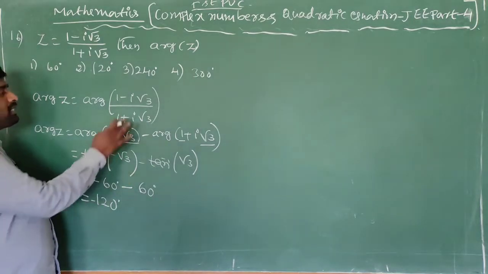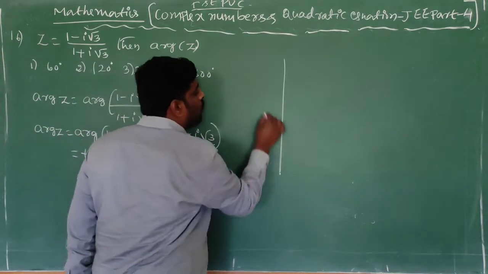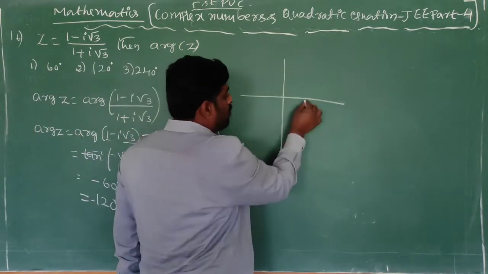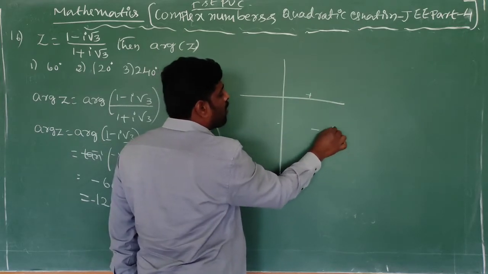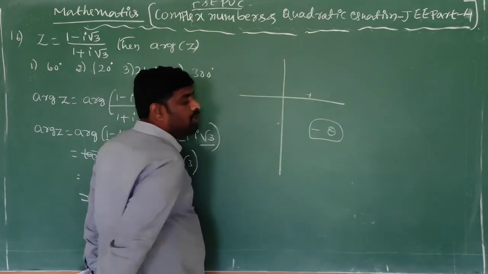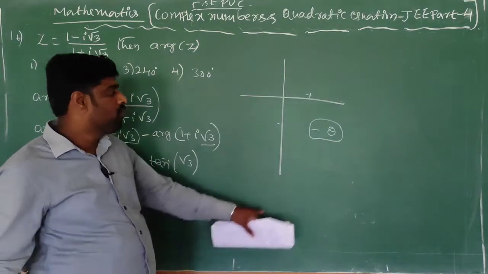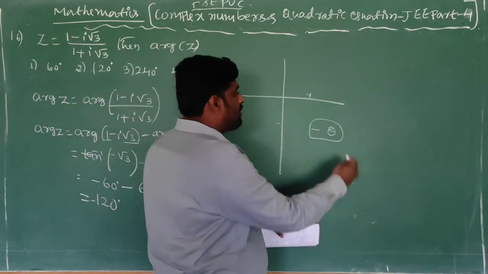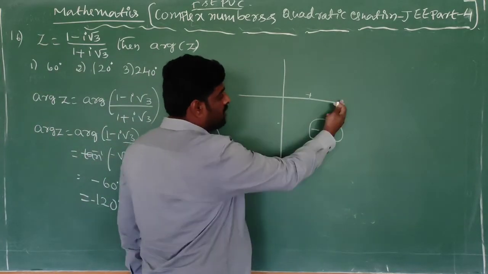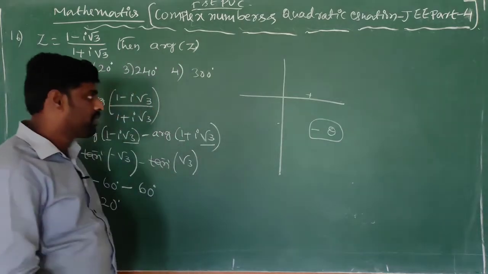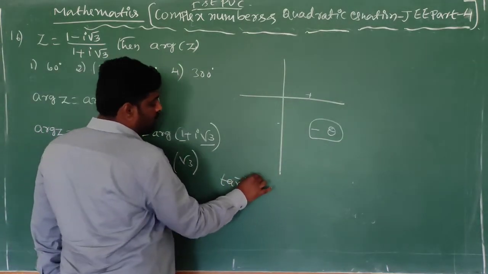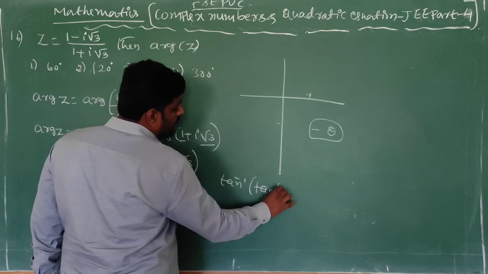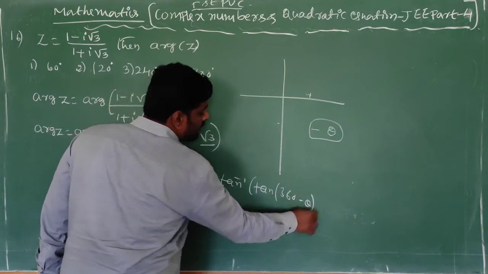Already I told you this is present in the fourth quadrant. So this is plus, this is minus. Here it will come as minus theta. So in the fourth quadrant, 360 minus theta will come. So now tan inverse of tan of 360 minus theta.